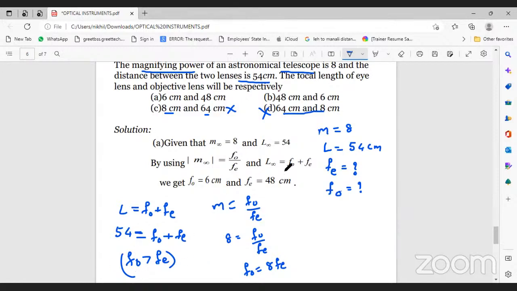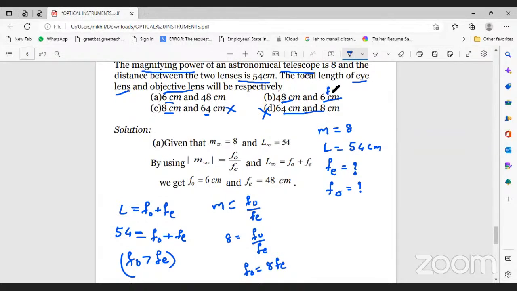So look at the options. First one is eye lens focal length, second one is objective focal length. Which is possible, either option A or option B?